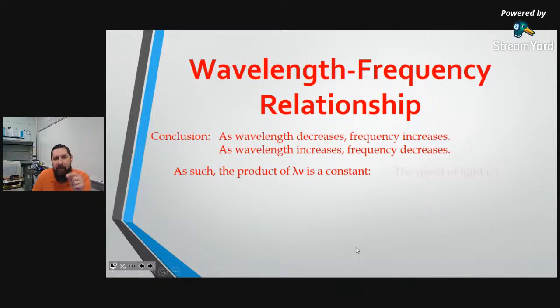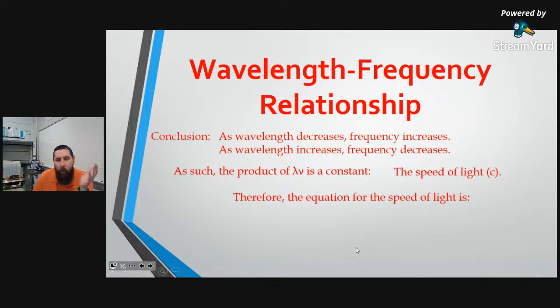And that constant, that's the speed of light, always. So what we end up getting is that the equation for the speed of light is lambda nu equals c. And we use the symbol of c for speed of light because it stands for the Latin word celeritas, which means swiftness. So that's why speed of light is a c, in case you've ever wondered.